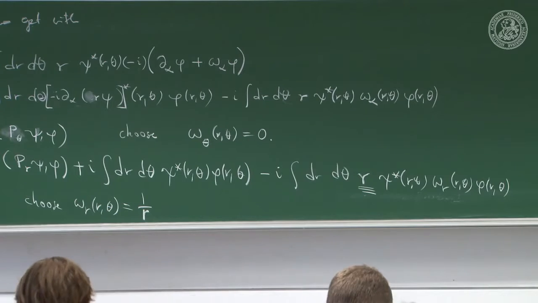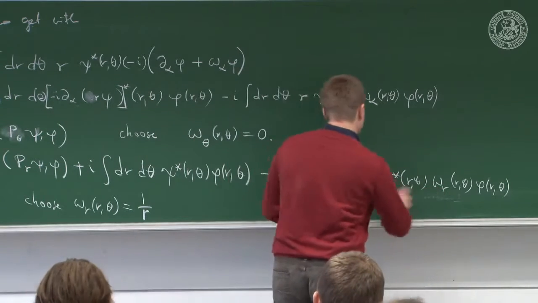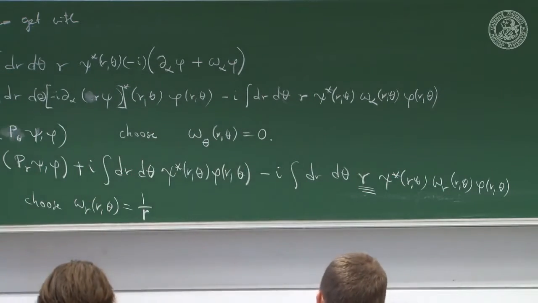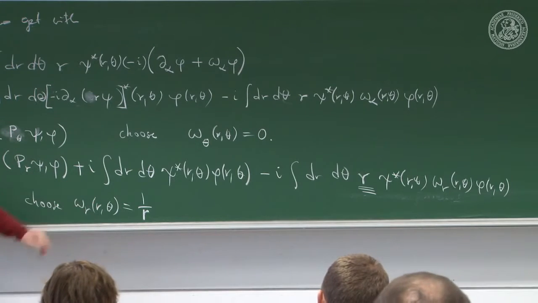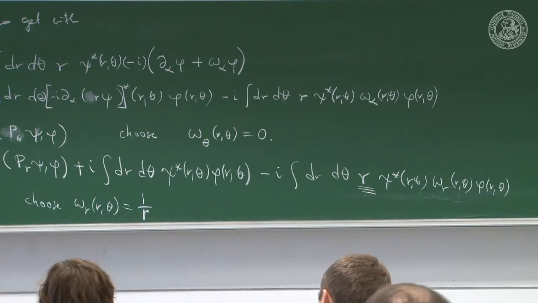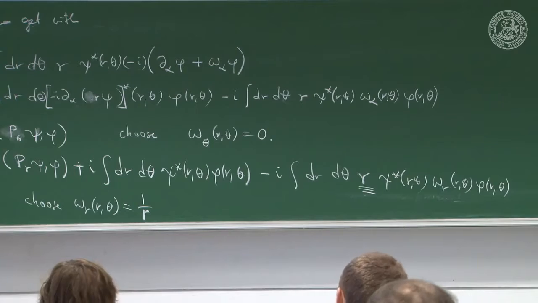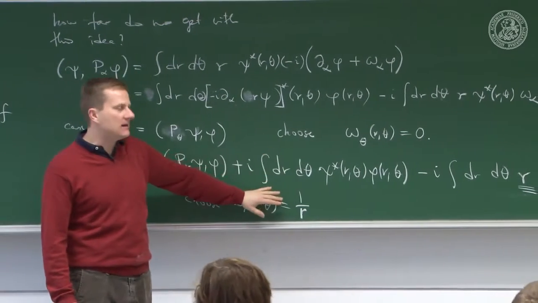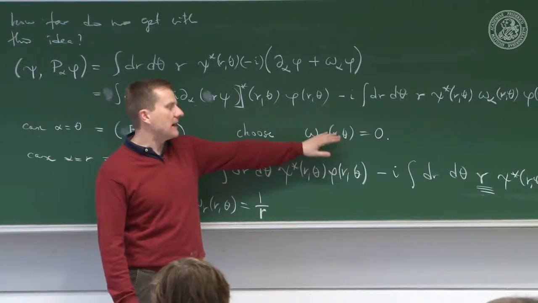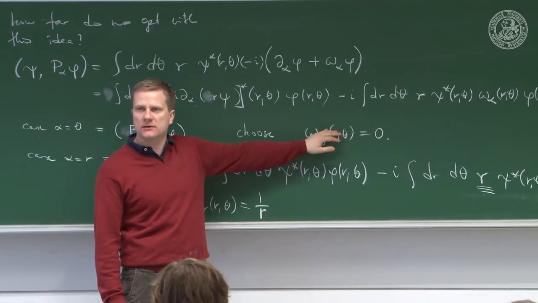So omega is 1 over r, then this r goes, and these two integrals are the same, correct? Well, the same up to a sign, and hence cancel. Okay. Aha. So we now achieved, by a modified definition of this P, to get rid of the extra term in both cases by choosing the omega appropriately.